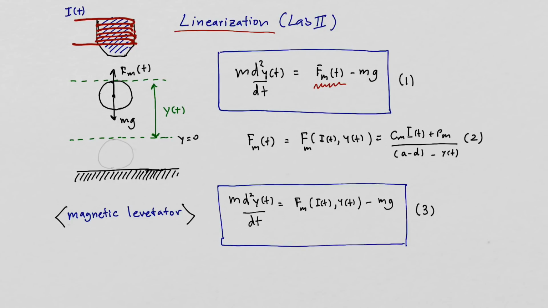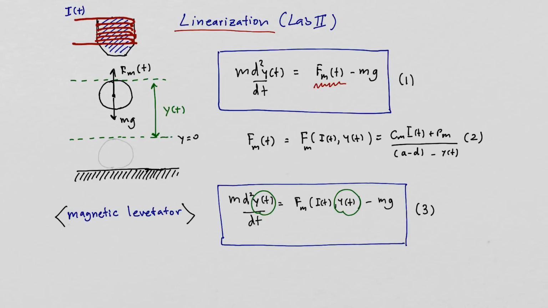Substitute this back into equation 1, we will have equation 3. Observe that now we have y on both sides of the equation. And because of how y appears in equation 2, equation 3 is a nonlinear dynamical equation.